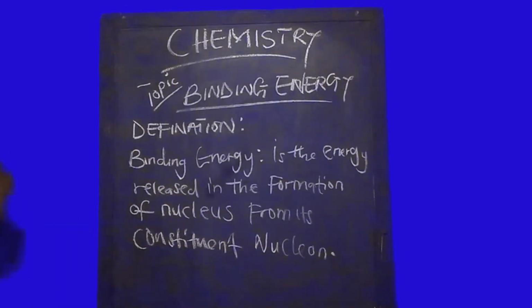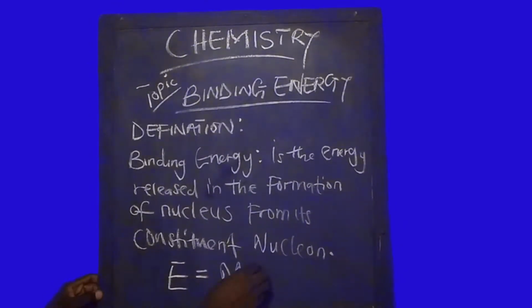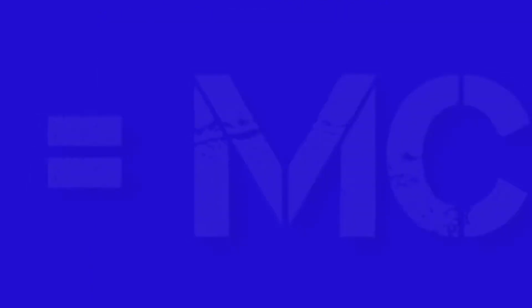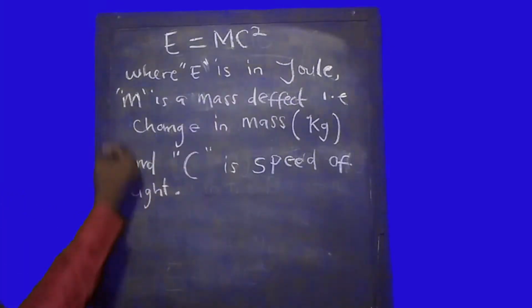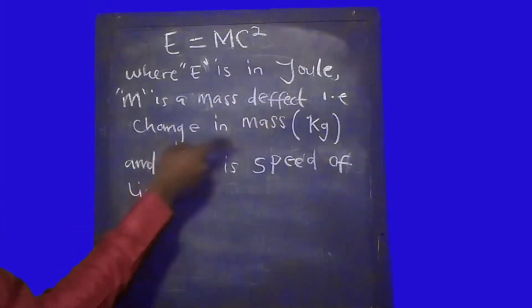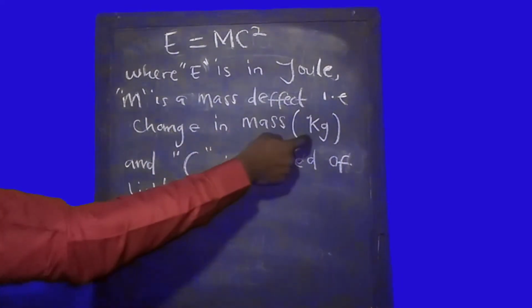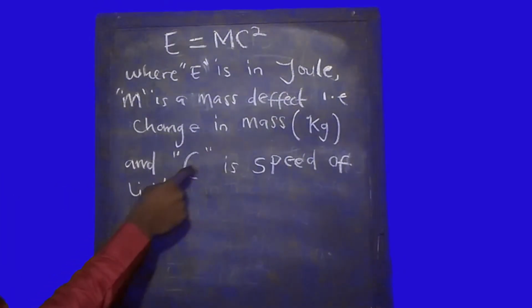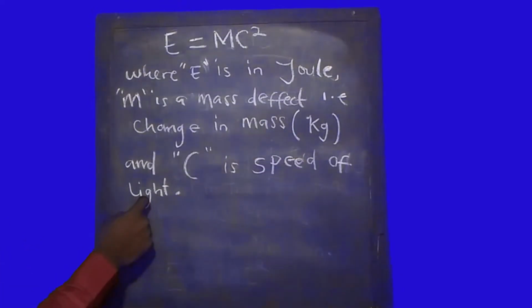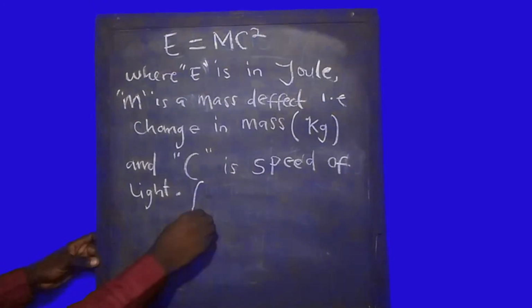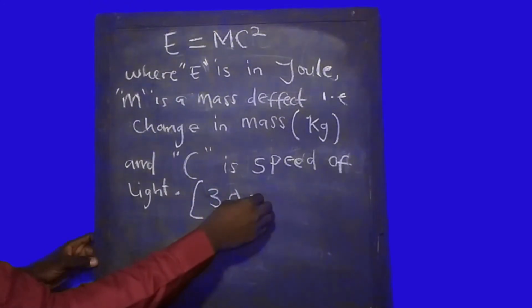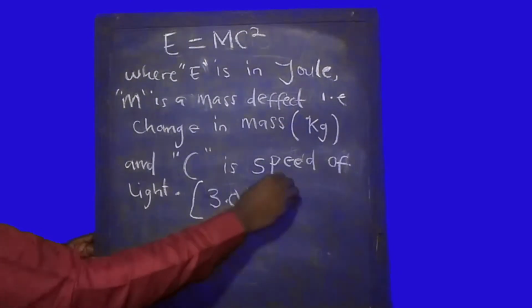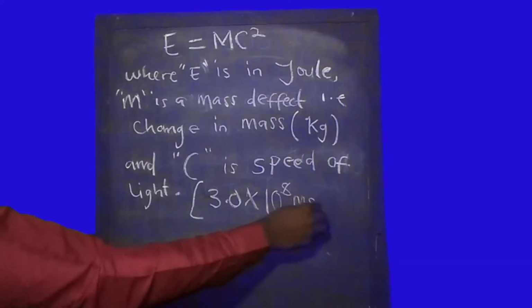So binding energy is represented as kinetic energy, and it is represented by the Einstein formula, E = mc², where E is in joules and m is the mass defect, that is the change in mass, which is measured in kilograms, and c is the speed of light, that is a constant, 3.0 × 10^8 meters per second.